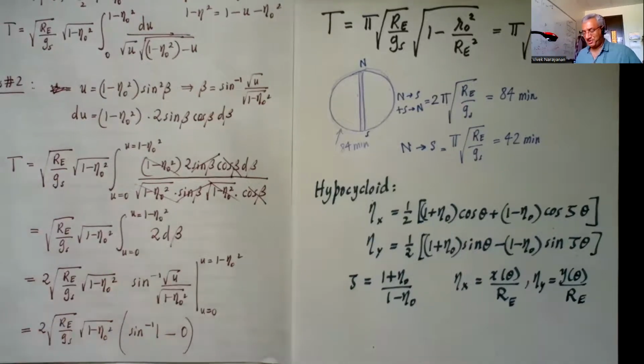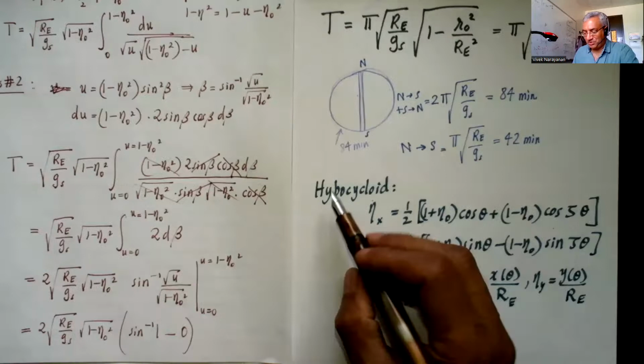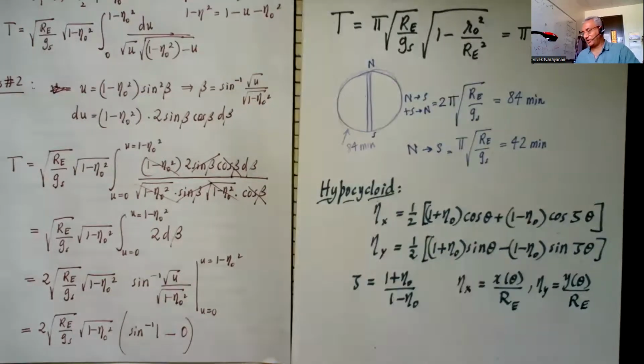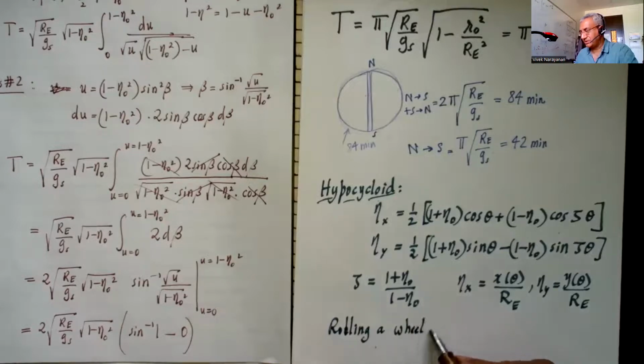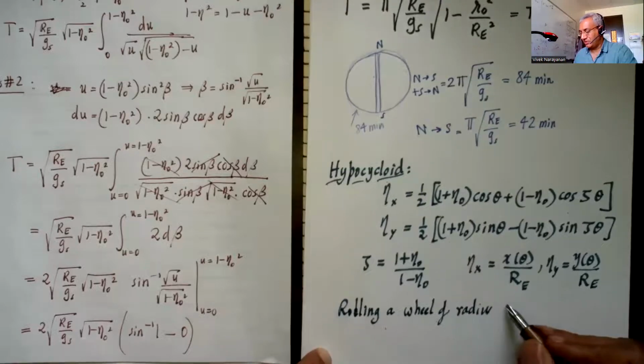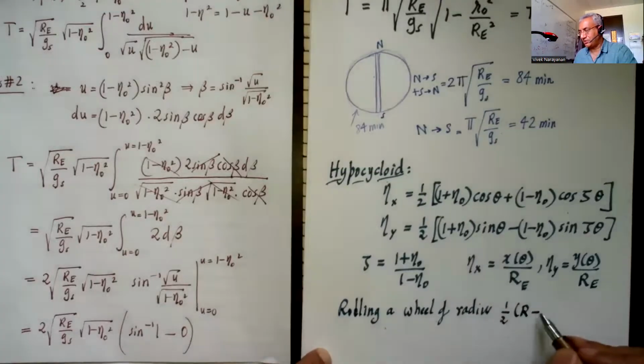I will instead do something cooler. I'll construct the hypocycloid. The hypocycloid is constructed by rolling a wheel of radius 1/2 (r minus r naught) inside the Earth.